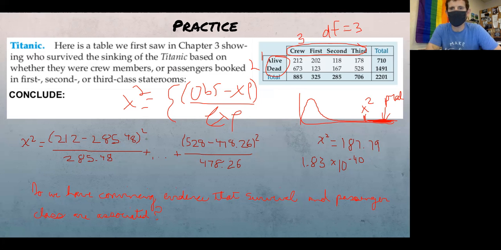Can anyone just verbally say what our conclusion for this should be? It's Friday. It's a perfect time to be bold. I'm gonna call you out. Eli, you're being called out by Leo.